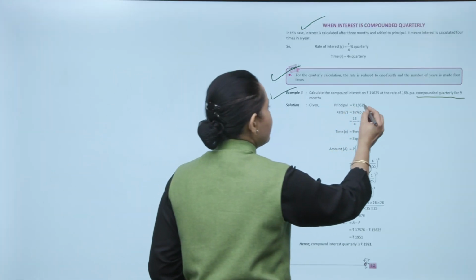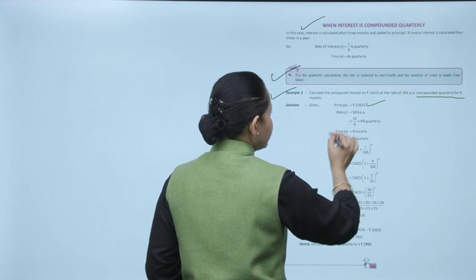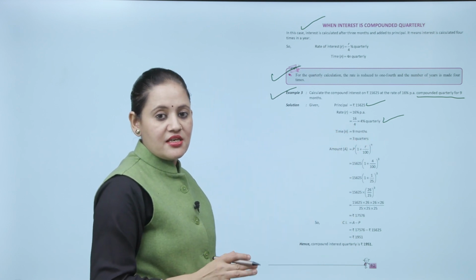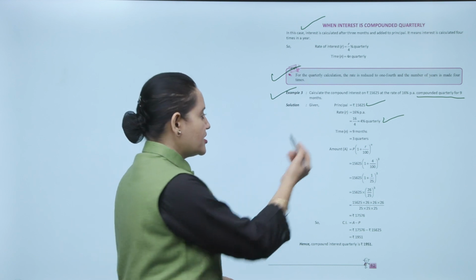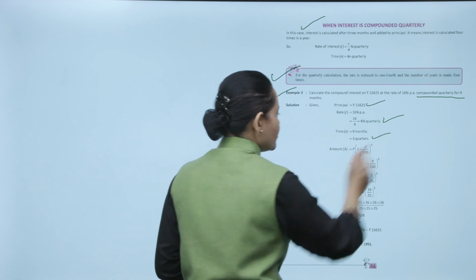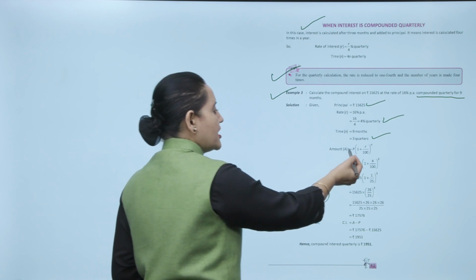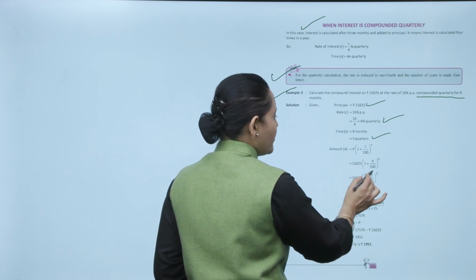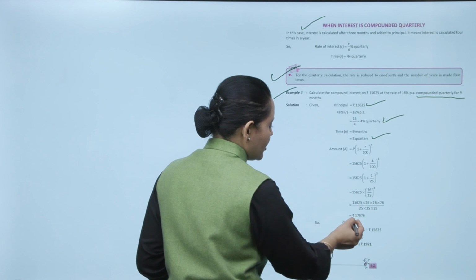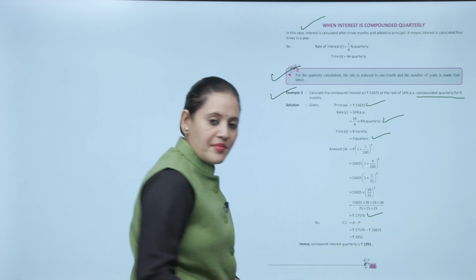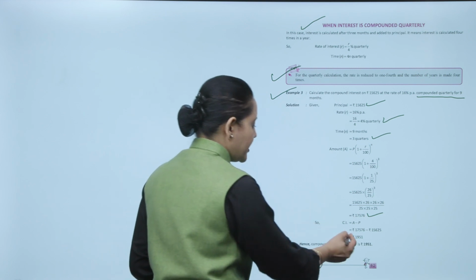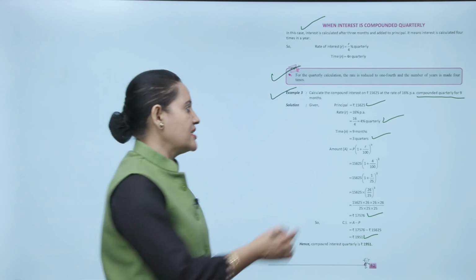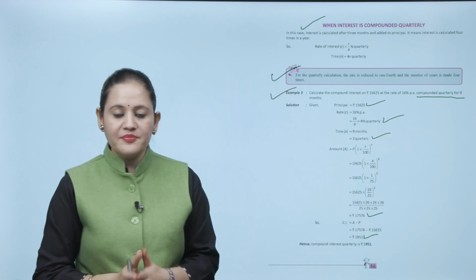Principal is given, rupees 15,625. Rate of interest is 16% per annum, we will divide by 4, so 4% quarterly. Time is 9 months. In a year, each period is 3 months, so 3 + 3 + 3, that is 3 quarters. So amount equals P(1 + R/100)^n, that is 15,625 (1 + 4/100)^3. Solving this, it will come to rupees 17,576. That is the amount. Now compound interest is amount minus principal, that is rupees 1,951. That is the compound interest when interest is compounded quarterly. Clear?